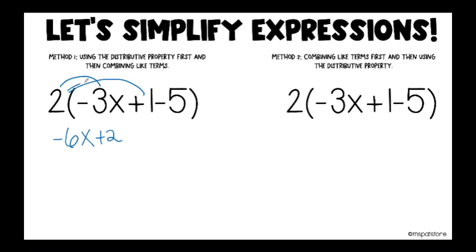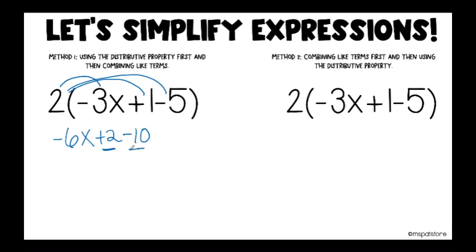And then 2 times negative 5, which is negative 10. As you can see, the first thing that I did was basically multiplying the number outside the parentheses by each one of the terms inside the parentheses.